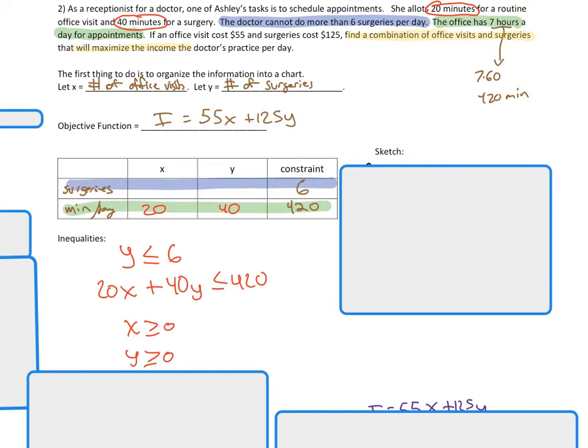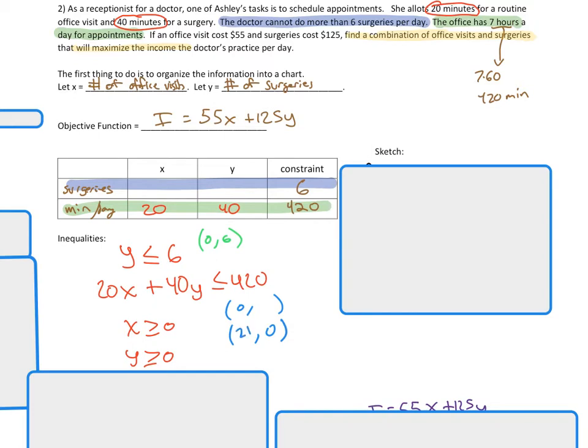So then to make your sketch, you need your x and y intercepts. For y is less than or equal to 6, that's just at 0, 6. That's our horizontal line. For the 20x plus 40y, we'll do 0, blank, blank, 0. If we cover up the y, 420 divided by 20, we get 21.